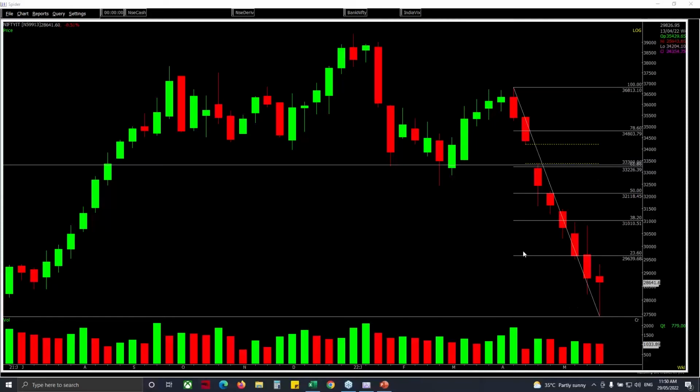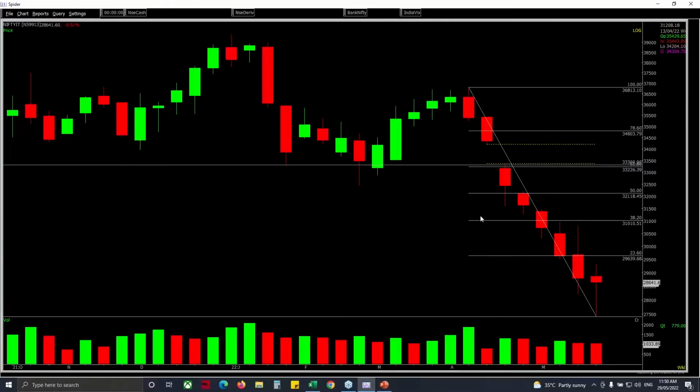So if we get a move beyond last week's high, where almost a spinning top type of pattern had happened, like we cannot say it is a hammer, but we can definitely say it is a spinning top doji type pattern, which suggests confusion between buyers and sellers.